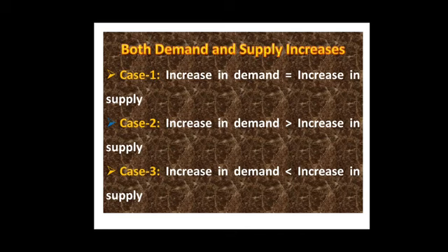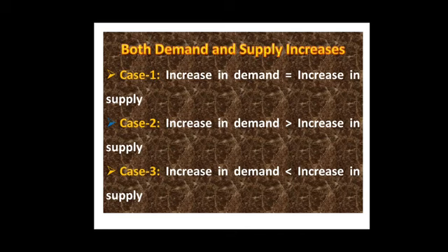But what will happen to equilibrium price? That is, whether equilibrium price increases, decreases, or remains the same in case of simultaneous increase in demand and supply. It depends on whether demand increases more than supply, less than supply, or the rate of increase in demand is equal to the rate of increase in supply.